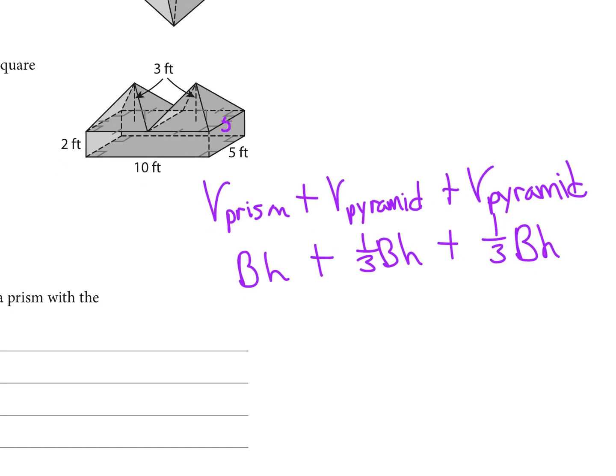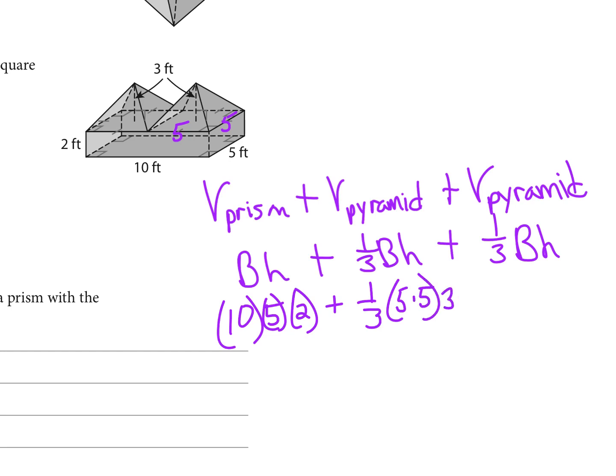That base is going to be a 5 by 5 there, so this base is 10 by 5, and the height is 2. The pyramid, the base is 5 times 5, and the height is 3. And it's the same for this one.